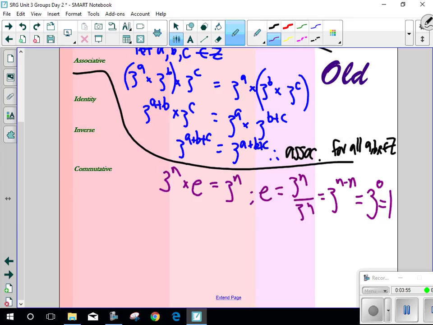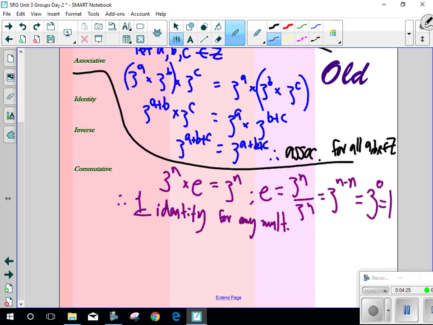So what is the identity? 1 is not 0. 1 is the identity for any multiplication, yeah.